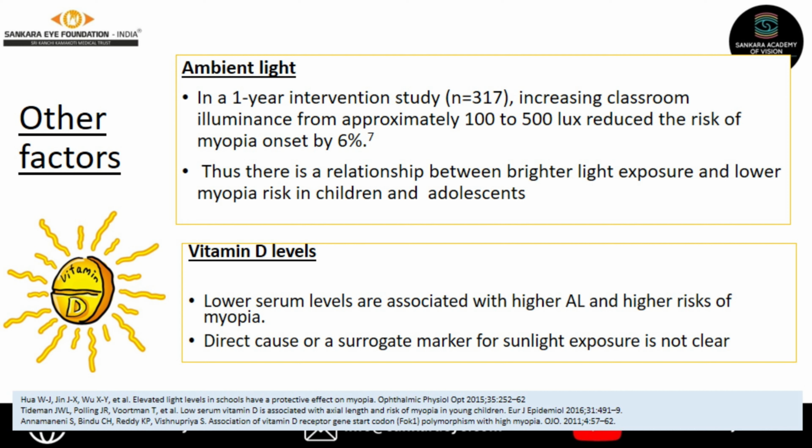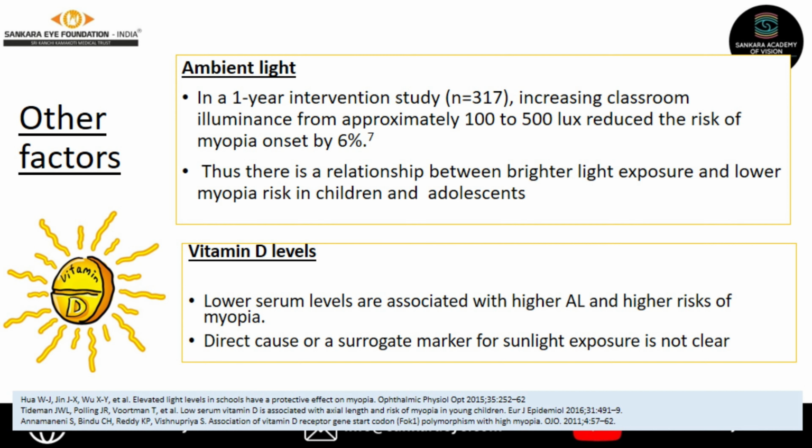Apart from that, the ambient light. If the children are reading in a very dark room or a dimly lit room, not having adequate light, that again causes the progression of powers. So it is very important that they have adequate light in their setting or in their rooms when they are reading. There's a direct relationship between the brightness of light and the myopia risk, both in children and in adults as well.